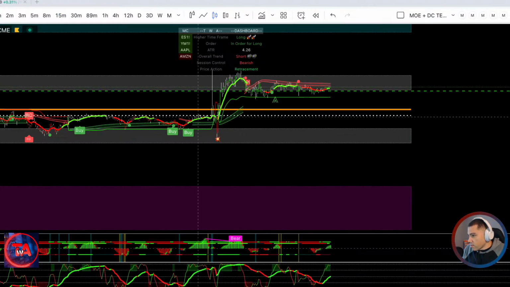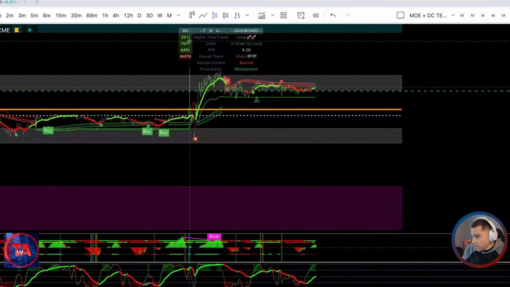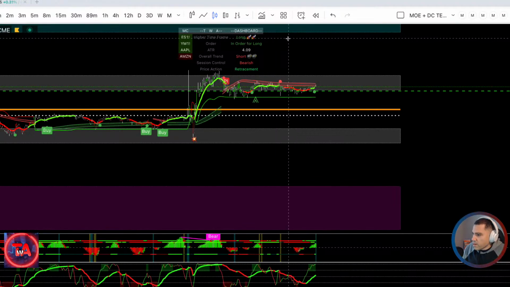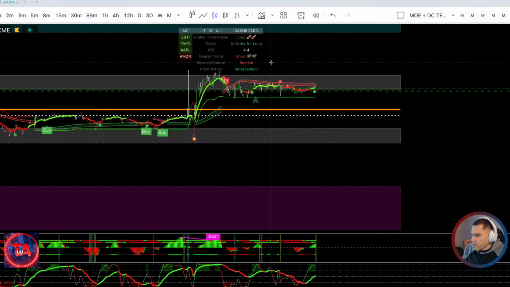Well, let's check also our TWA dashboard to see if it tells us any more information. As of right now, so this is the right now data. Higher time frames are long. The order is long, so we have green.